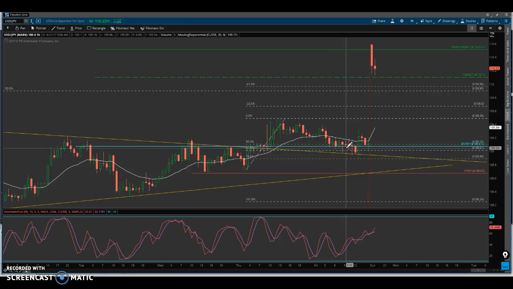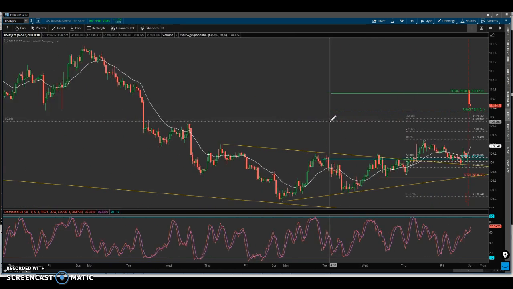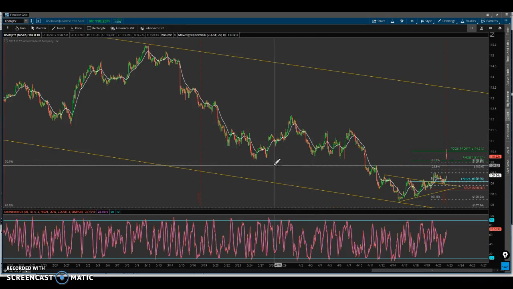So I just went ahead and entered that market, put my stop below that 4-hour pin bar, and target wise, you can see the target I had in mind was just right around this last breakout point, or breakdown point that it broke out of.